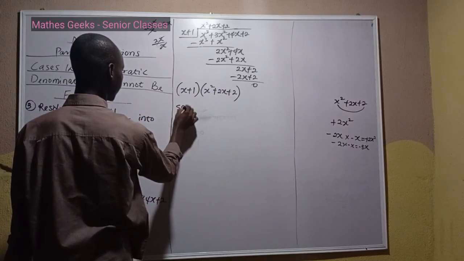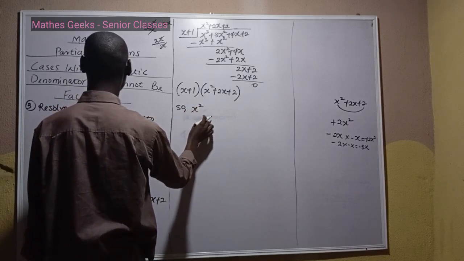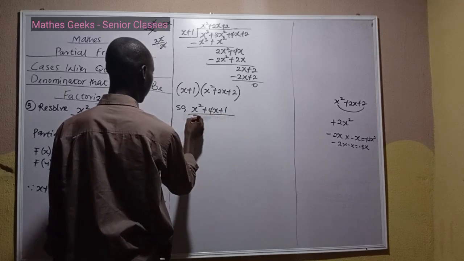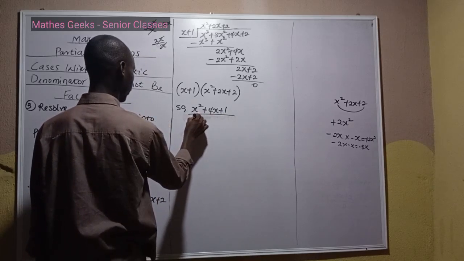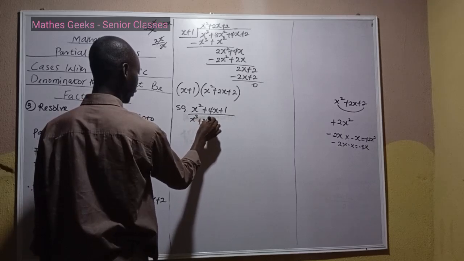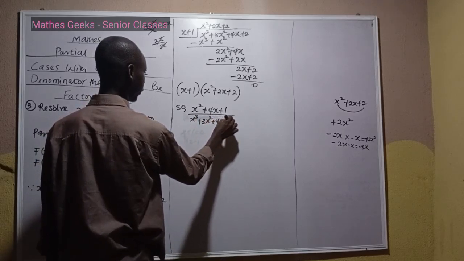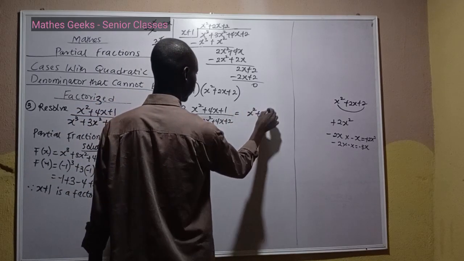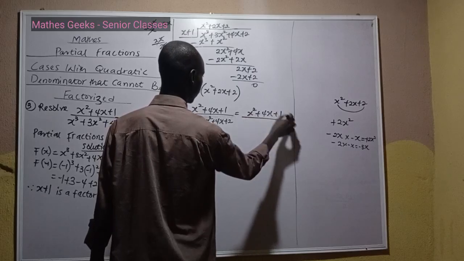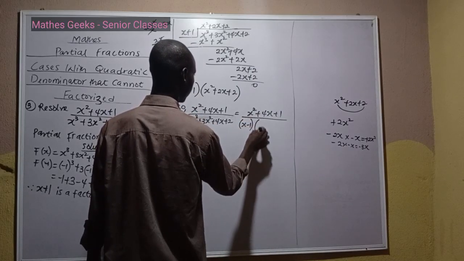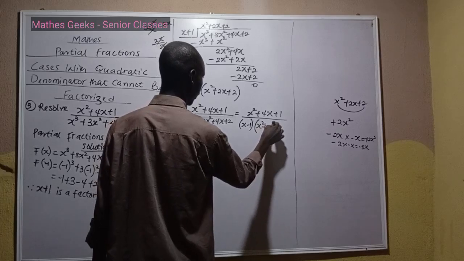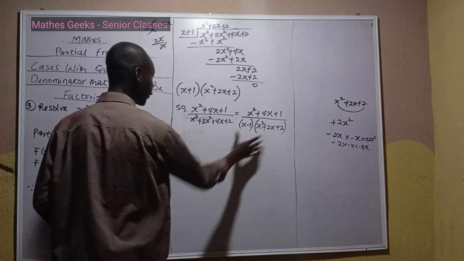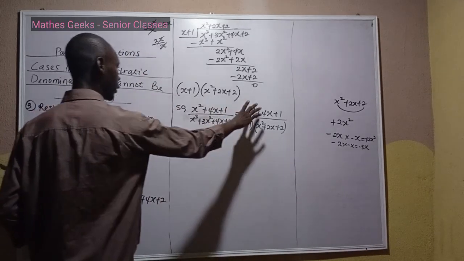So we have here x squared plus 4x plus 1 over x raised to the power 3 plus 3x squared plus 4x plus 2, which is equal to x squared plus 4x plus 1 over x minus 1 and x squared plus 2x plus 2.